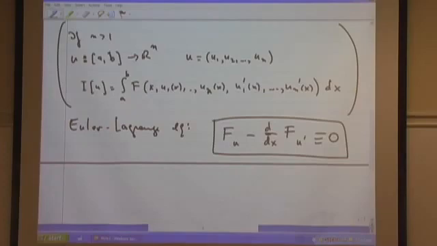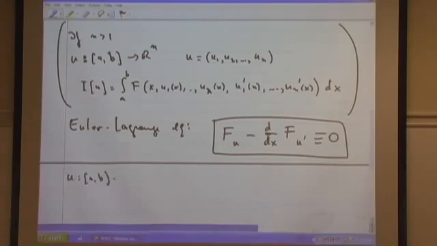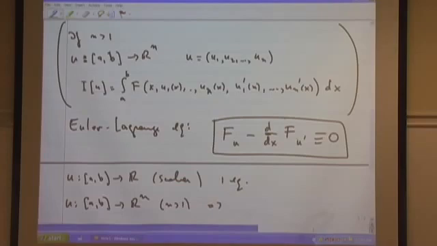Now, what happens if it's n-dimensional? If u is just scalar, then we have one equation, right? But if u is a vector in Rn, then the Euler-Lagrange equation is not an equation, but a system of n equations.